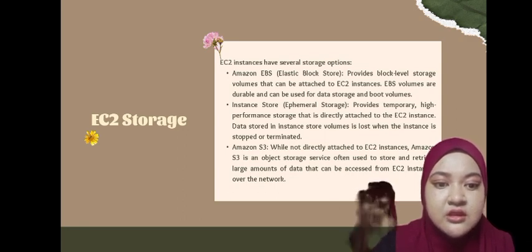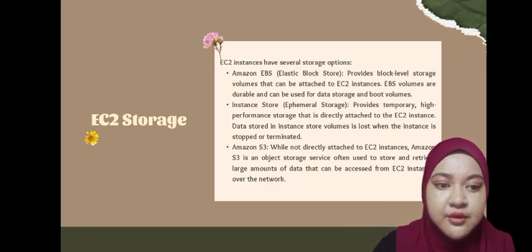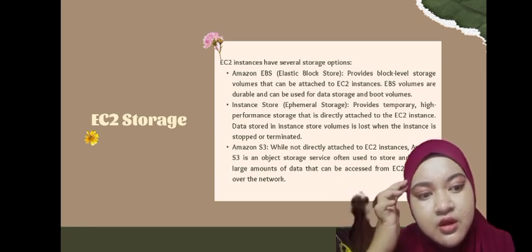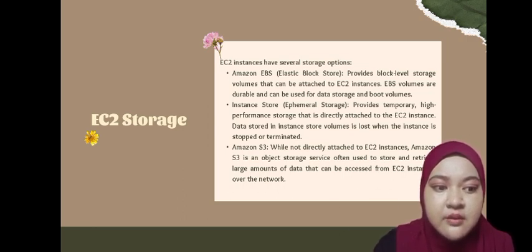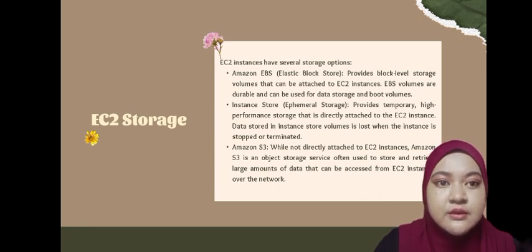Data stored in instance storage volumes is lost when the instance is stopped or terminated. Number 3 is Amazon S3. While not directly attached to EC2 instances, Amazon S3 is an object storage service often used to store and retrieve large amounts of data that can be accessed from EC2 instances over the network.